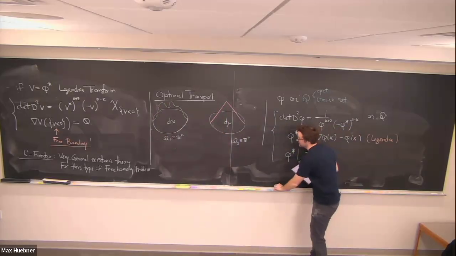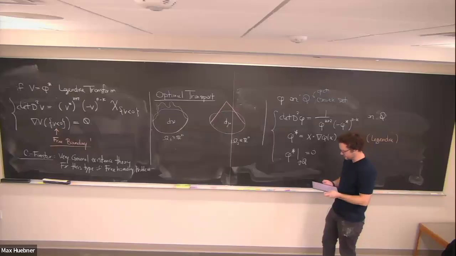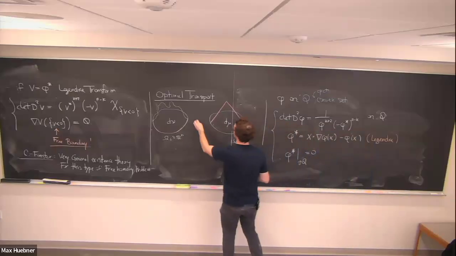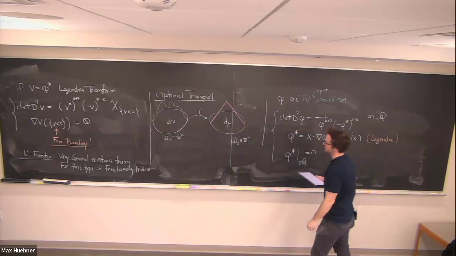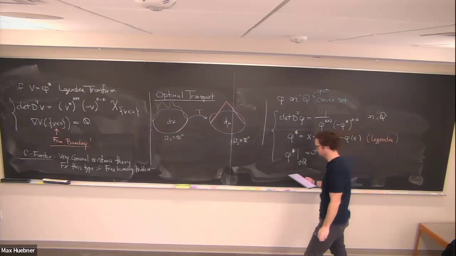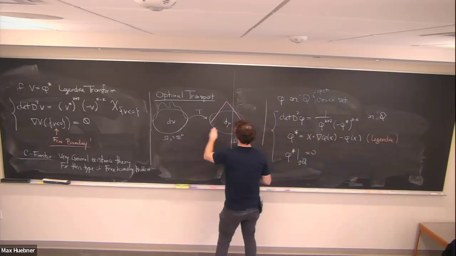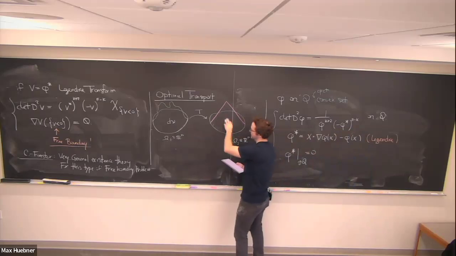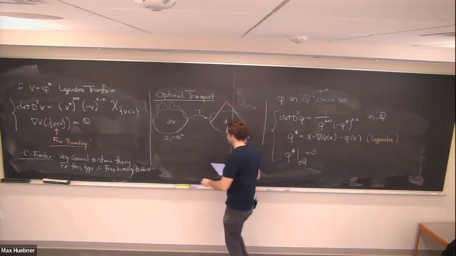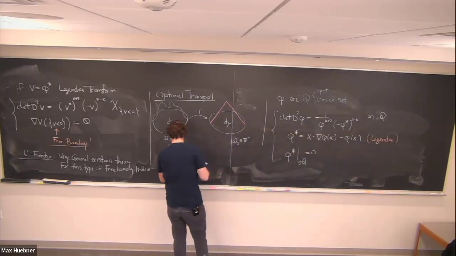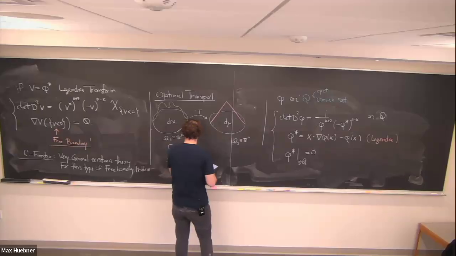You want to build the pyramids, and you want to do that in the cheapest possible way. So you're looking for a map T from omega 1 to omega 2. First of all, there's a compatibility condition, which is that the amount of debris you need to build the pyramid should be equal to the amount that you have. So you have to assume that the volumes of these two measures are the same.